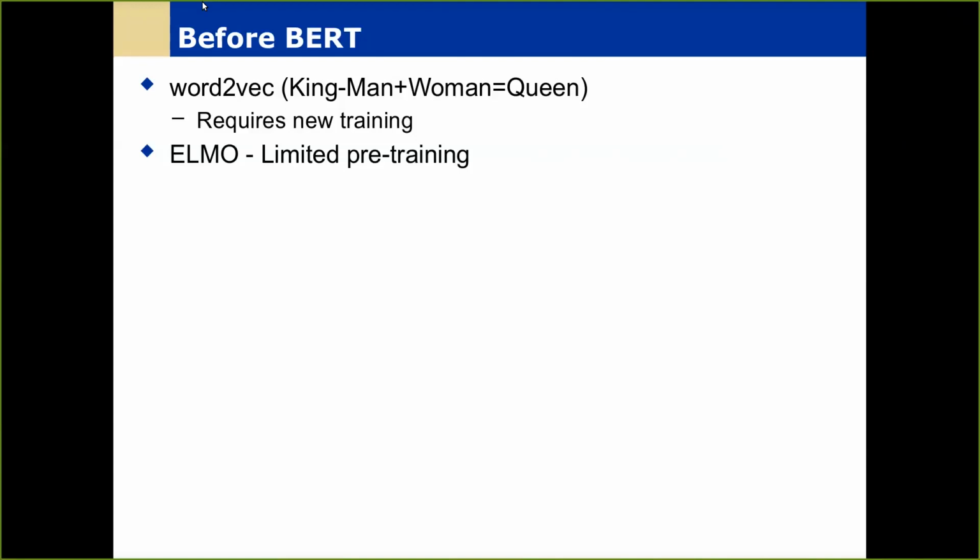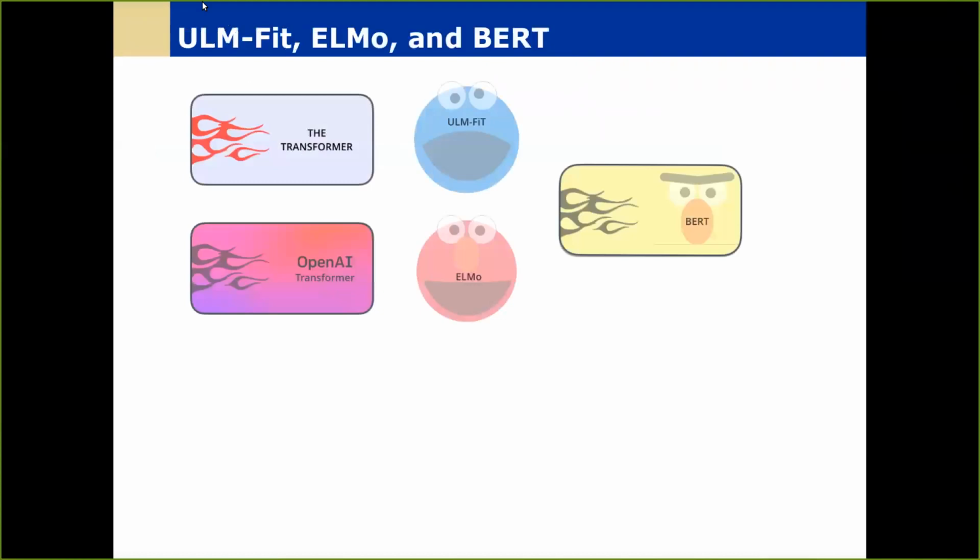There have been a lot of follow-ons to Word2Vec, one of which is a newer model called ELMo. BERT really derives a lot of its ideas from a couple of earlier natural language models, one being ULMFiT and the other being ELMo.